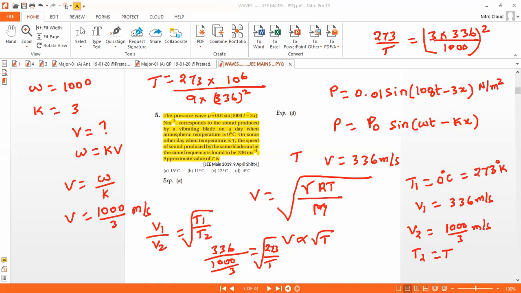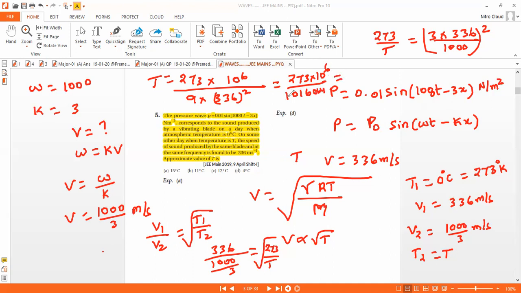How much will we get? Firstly, 336 square is 112896, into 9 is 1016064.